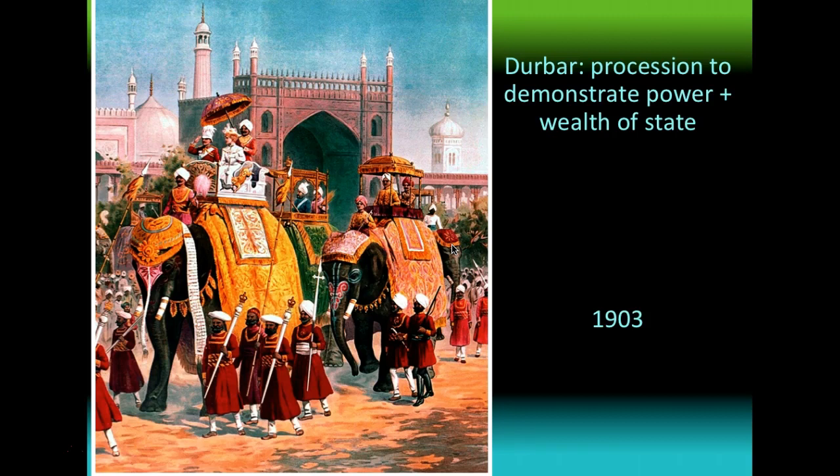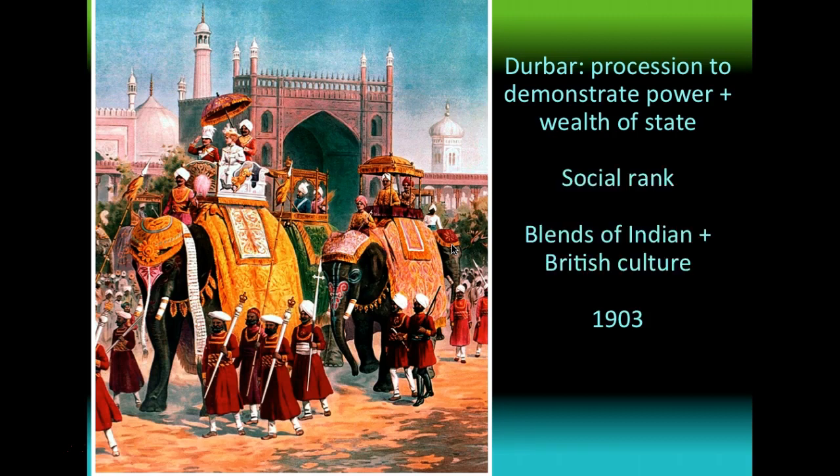This image was made in 1903, and so we can definitely see that even though the British are powerful in 1903, their influence is blended with the Indian culture, in India at least, not so much in England. And definitely shows social rank, and there we go.